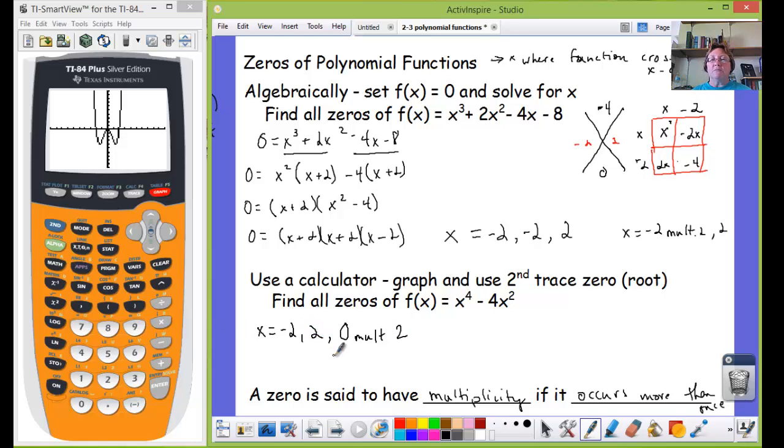Folks, that's not a professional thing to say, but I do know that a 4th degree function has to have 4 zeros. One of them is at negative 2, one's at 2, and that zero in the middle, again, is a bounce spot, and that means that it's a zero twice. When you see that bounce, that means there is a multiplicity of 2.